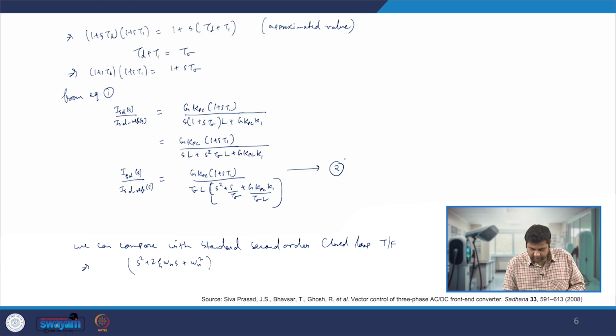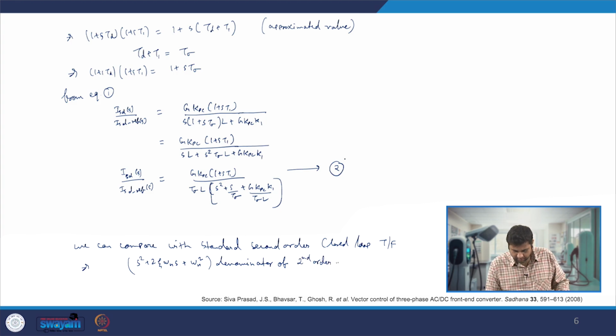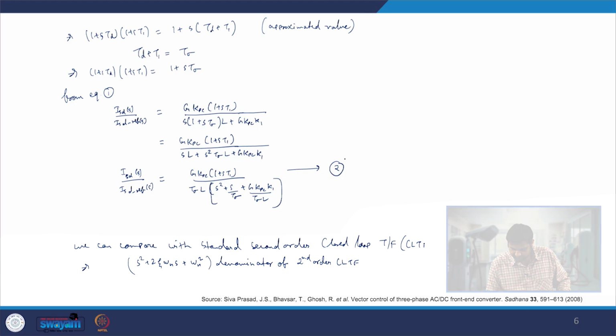This is the denominator of the second order closed loop transfer function, CLTF.